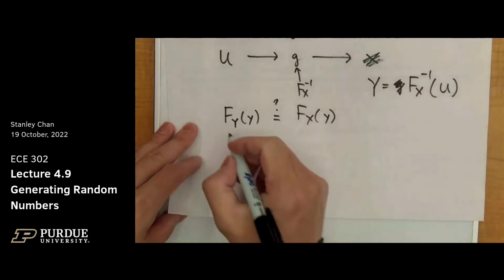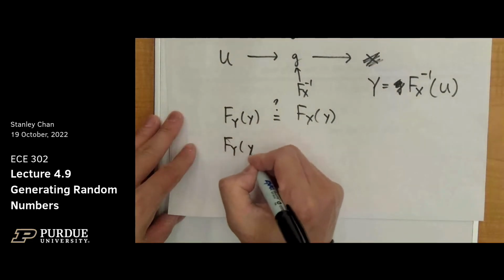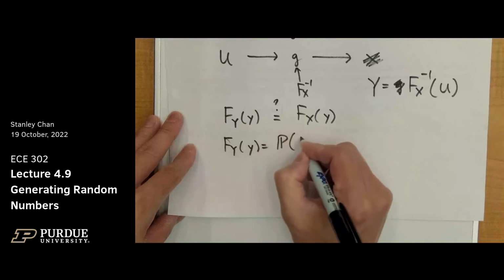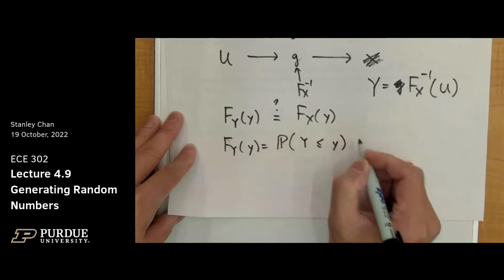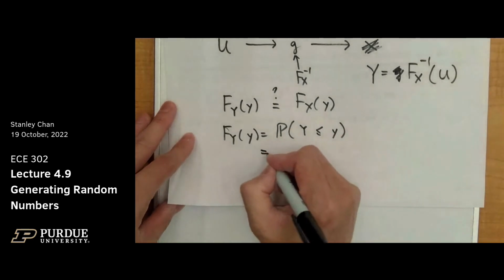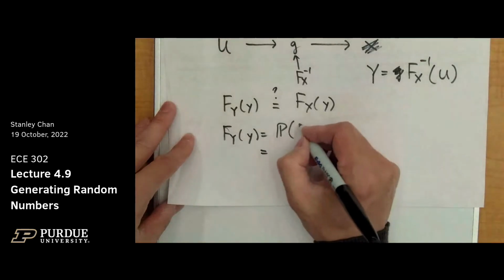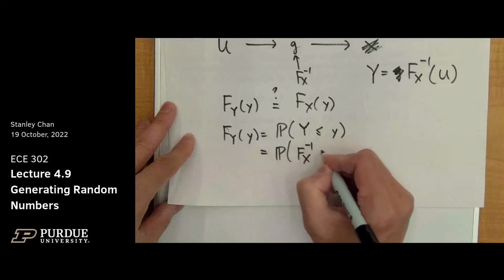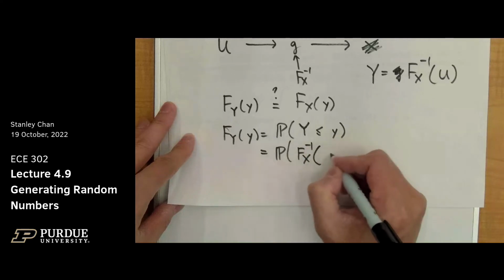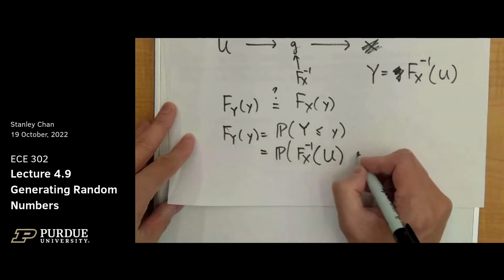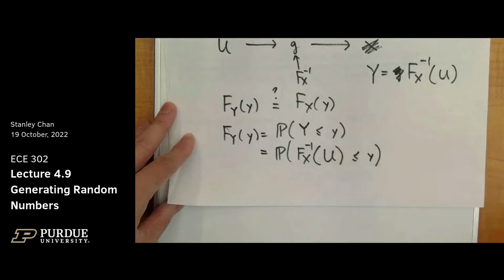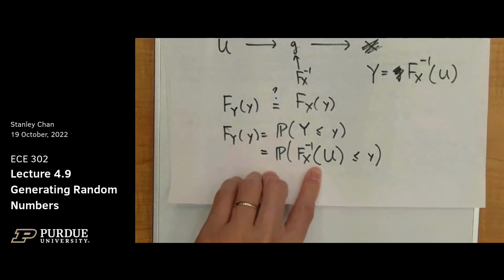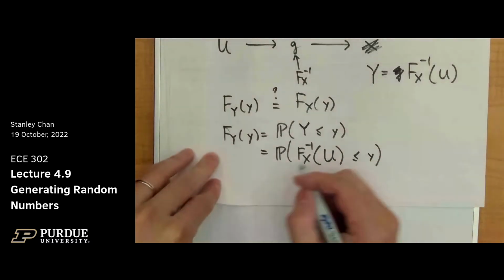How do we show that? Well, F_Y of y is the probability that Y is less than small y. And what is Y? Well, your big Y is your F_X inverse of your U. So this is F_X inverse of U according to my definition.